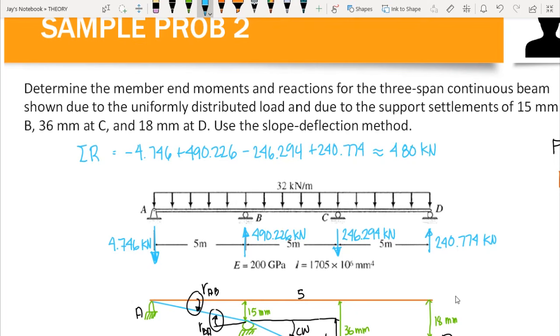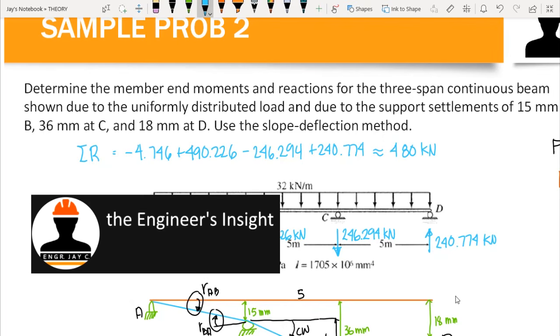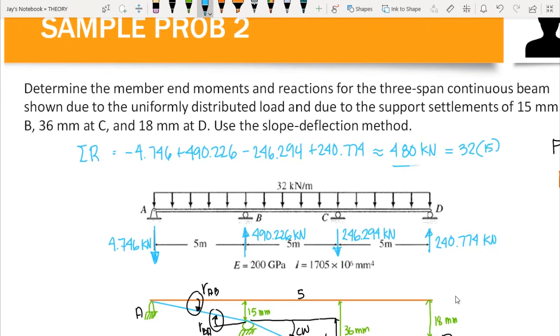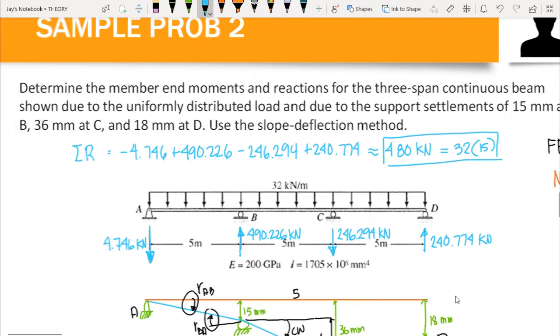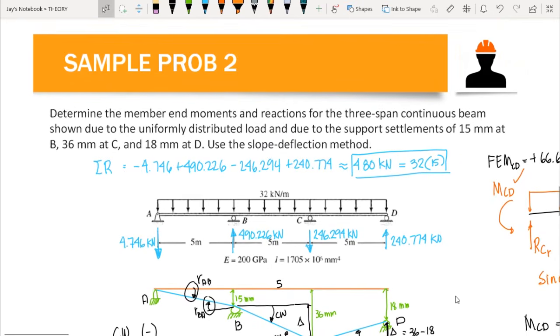Okay, we have a slight error because of the round off value, because of the decimal. And this should be equal to 32 times 15. And that means you have correct reactions. Okay? And that ends our second example on the slope deflection.